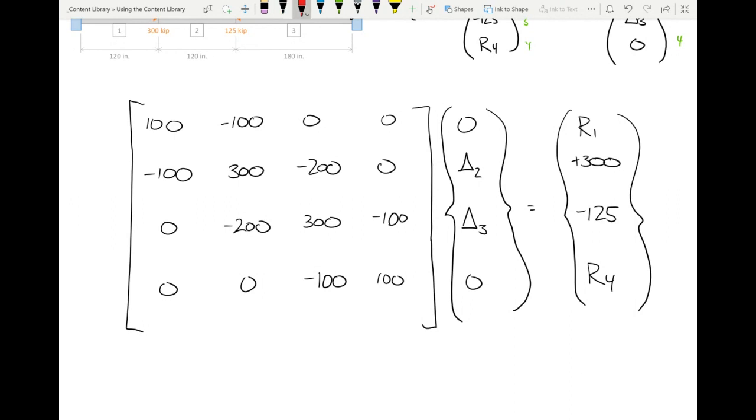What property can you tell me is true about this matrix? That was true before. Mr. Riggs sort of pointed this out before. But what's the deal with this matrix?